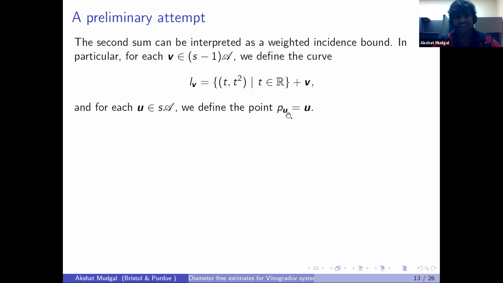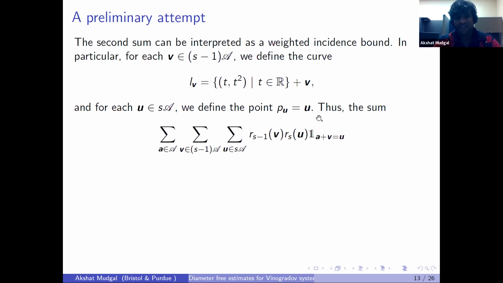And the thing to notice is P_u lies on this curve whenever u is (x, x squared) plus v for some x. So in particular, this sum, which was counting all possible times when a plus v is u, is precisely bounded by the number of incidences between these curves and this set of points, where each incidence is weighted by this factor.